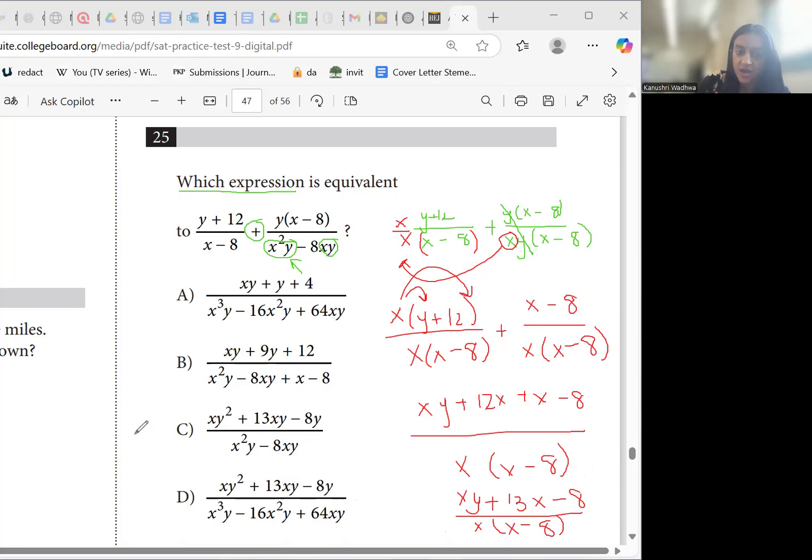So I'm going to concentrate right now on C and D, and figure out whether C or D is actually another form of the answer that I already have. And what you'll see is if you multiply the top of my expression and the bottom by y, when you use the distributive property once more, you get something that looks exactly like choice C, which makes the answer choice C.